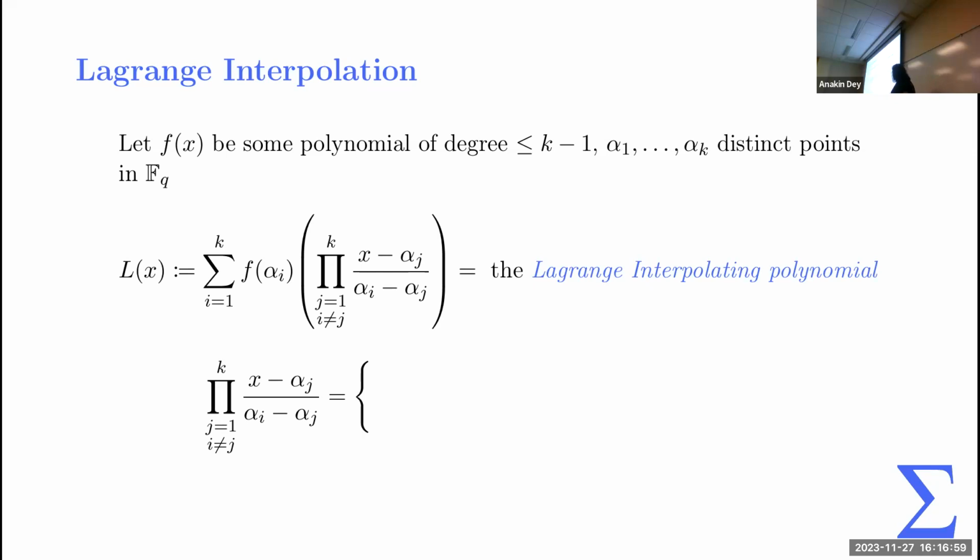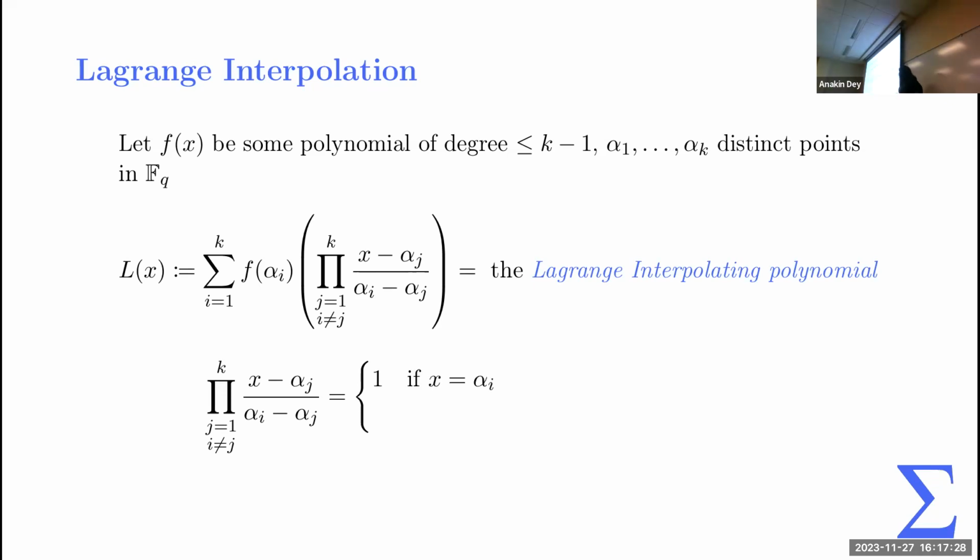So this is going to have k-1 terms. If x is equal to alpha I, then what is this product going to be equal to? It's just going to be 1, right? Because the numerator and the denominator are always going to be the same.